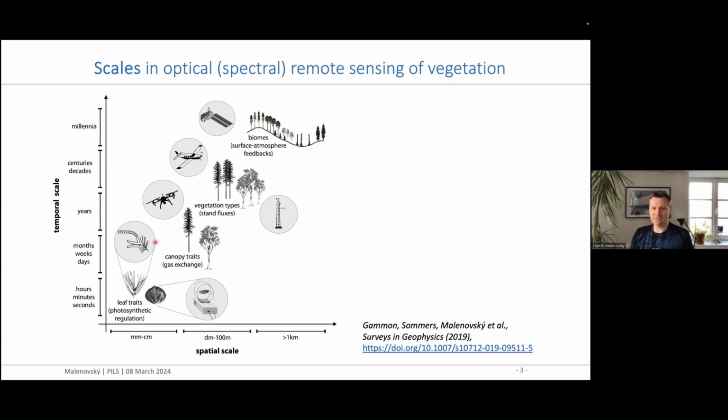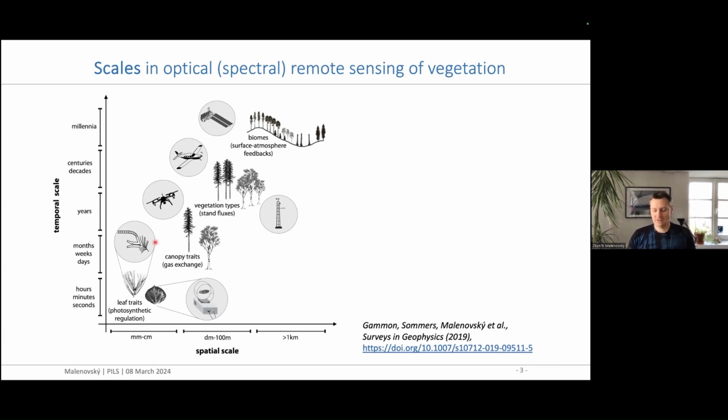And so we go even further down to tissues or individual cells or even cell organelles scales, spatial scales, because that's where the particles of light, which we use in optical spectral remote sensing as the carriers of the information, are interacting, having active exchange of energy between the objects they can interact with.